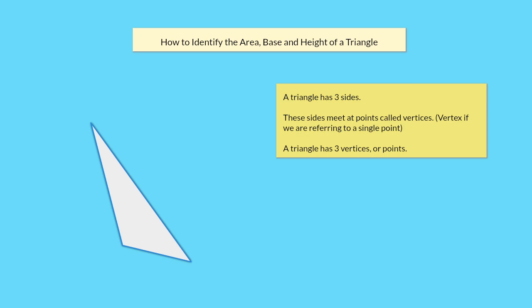And these sides meet at points called vertices. All right. And so when the sides meet, that is called a vertex. That is a vertex. Vertex and a vertex. We say vertex when we're talking about one, and we say vertices when we're talking about more than one.